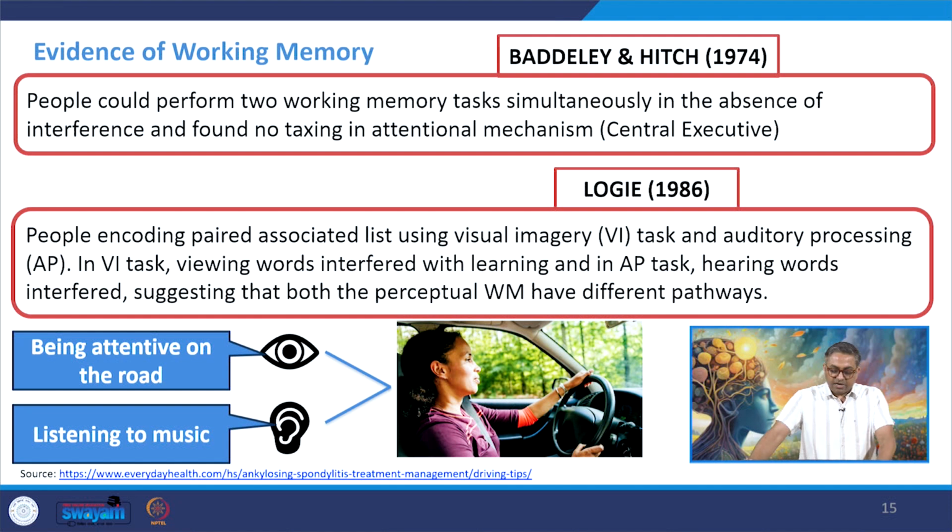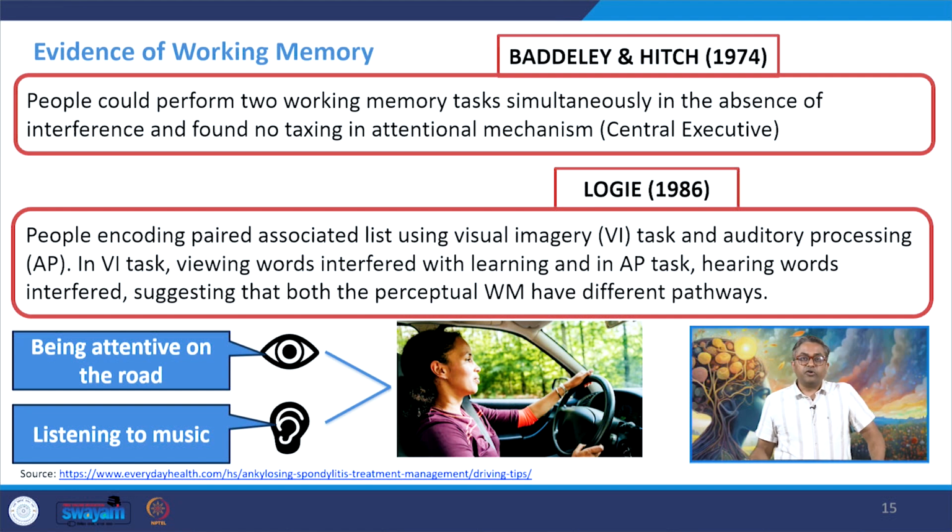To understand this better, Roorkee also did a similar line of research in 1986, when he encoded an associated list for a visual imagery task and an auditory processing task as well. The idea was that in the visual imagery task, seeing words interfered with learning, and the sound being played interfered as well.